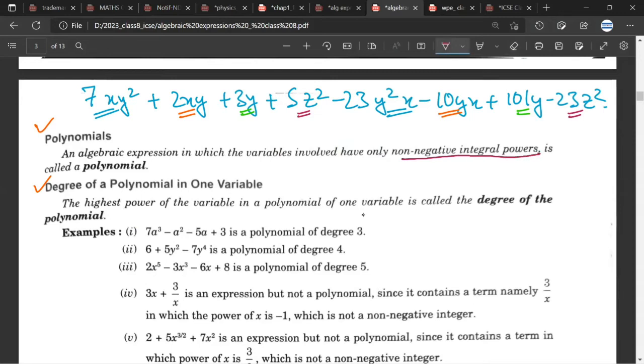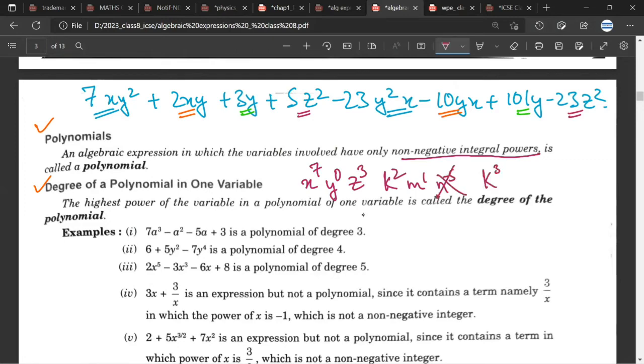Basically, all they are saying is that the x, y, z, k, m, n, whatever variable is there in the algebraic expression can only take values as 0, 1, 2, 3, 4, 5, 6. It can't be minus and it can't be a fraction. We'll be taking examples, don't worry. But all that means is x can take a value of 7, y can take a value of 0, this can take a value of 3, 2, 1. This is not allowed.